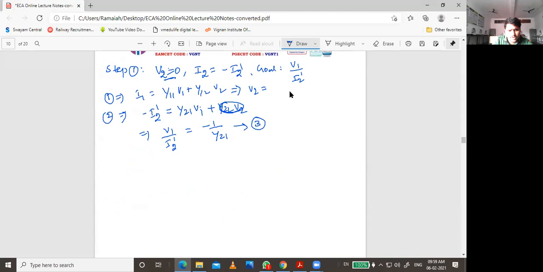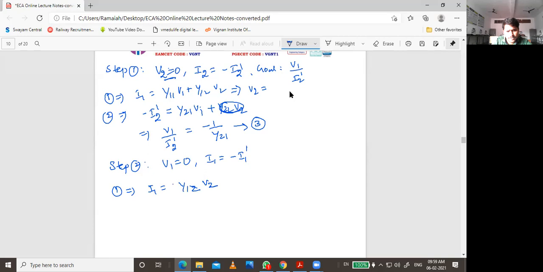Next step is step 2: V1 equal to 0 and I1 equal to minus I1 dash. From equation 1, I1 equal to Y11 V1, but V1 is 0, plus Y12 V2.